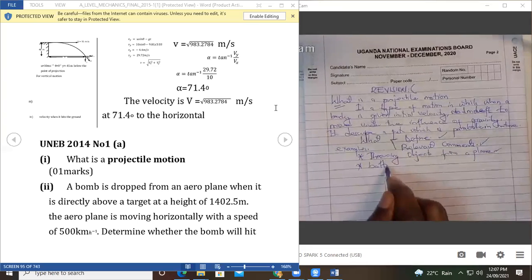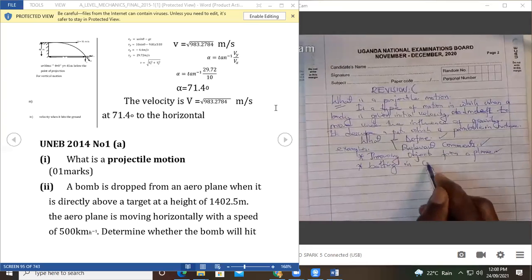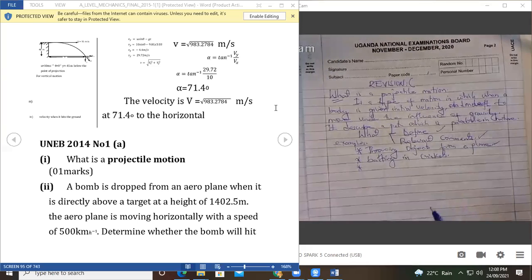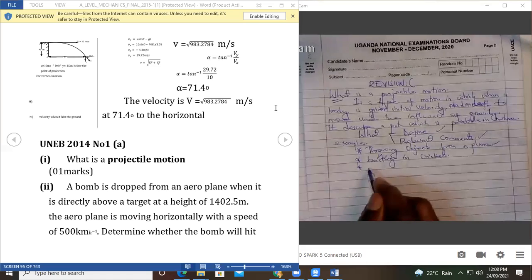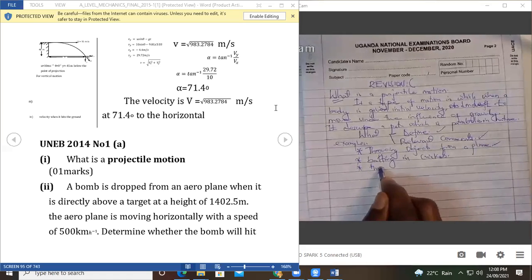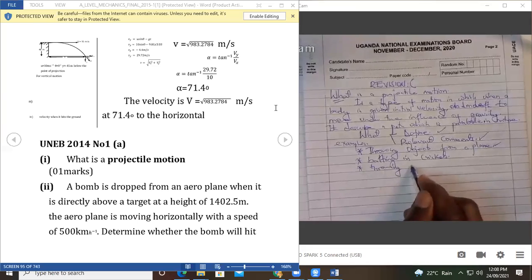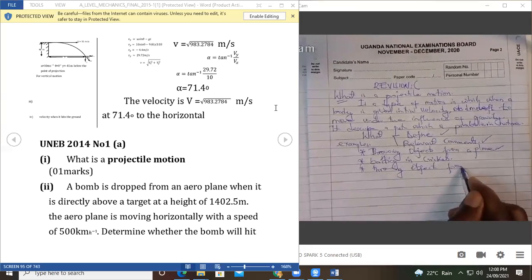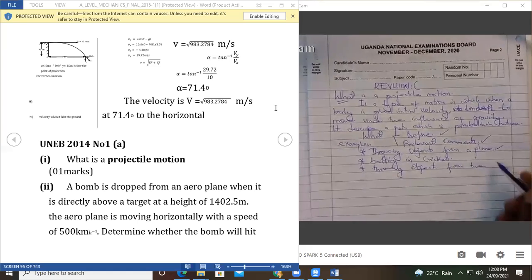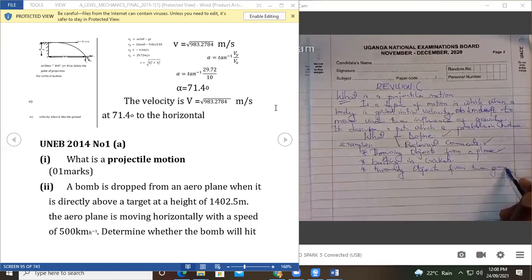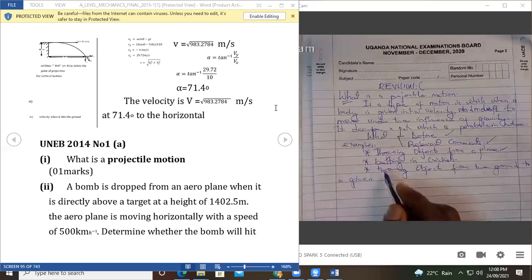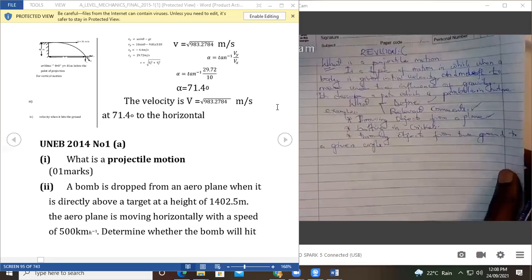Batting in cricket. Another example is throwing stones, or just throwing objects from the ground to a given angle. Members, do you remember that?